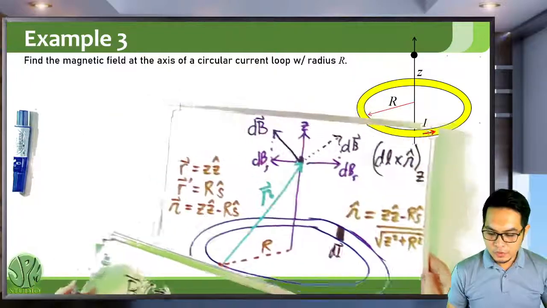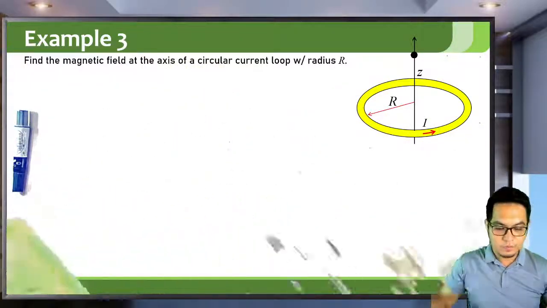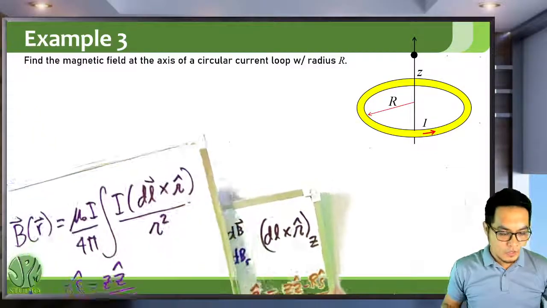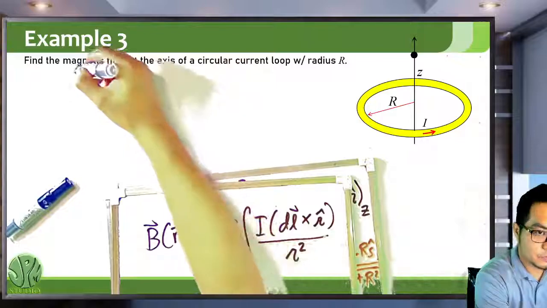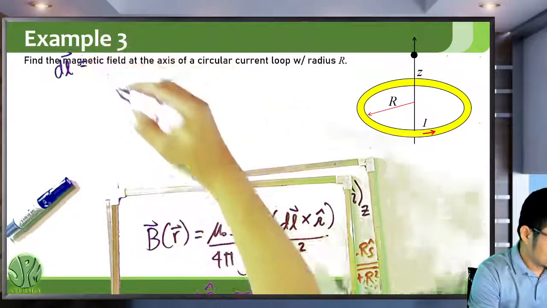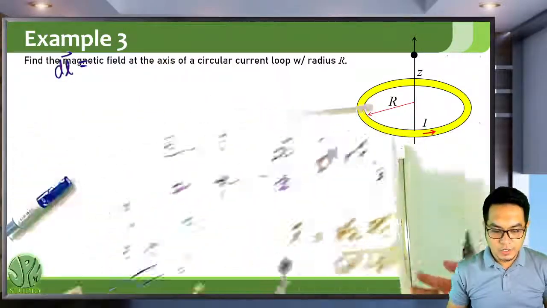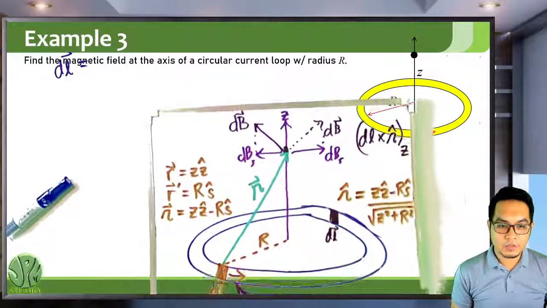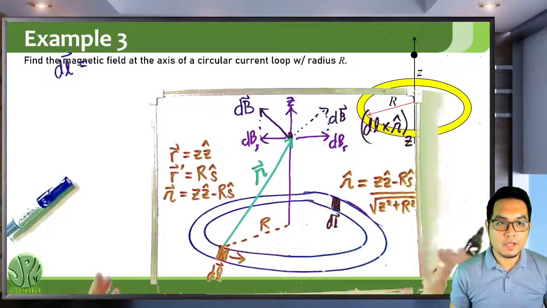Okay. So let's solve for dl cross r hat. So dl, if you will notice, from this equation, this is our dl. And you will notice that the total length is the circumference of the circle.